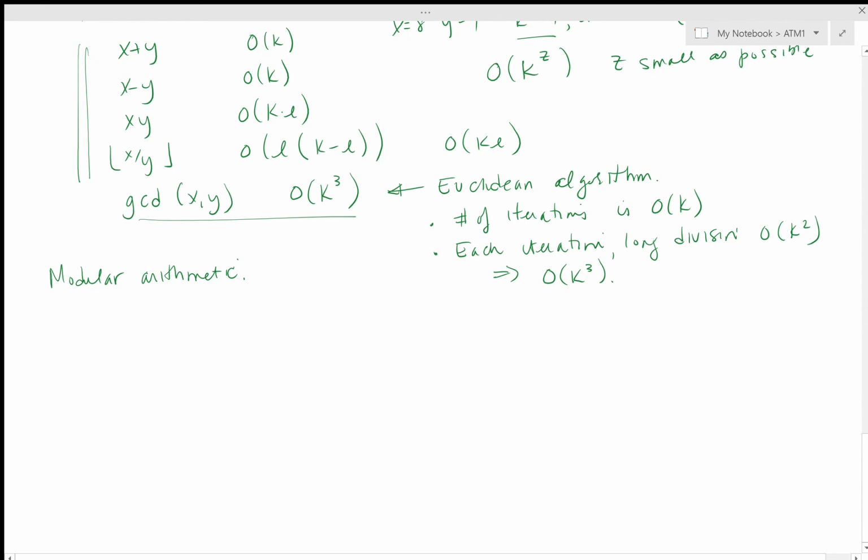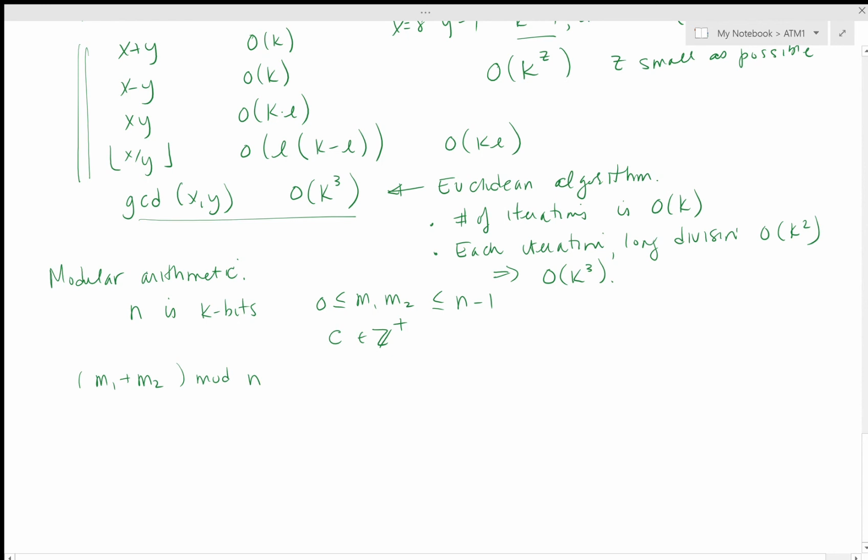So imagine n is k bits, and we have two other numbers, m1 and m2, which are positive and less than or equal to n minus 1. And then we have some other number c, which is a positive integer. Okay, so we can then ask what is the cost of adding these two numbers, m1 and m2, mod n?